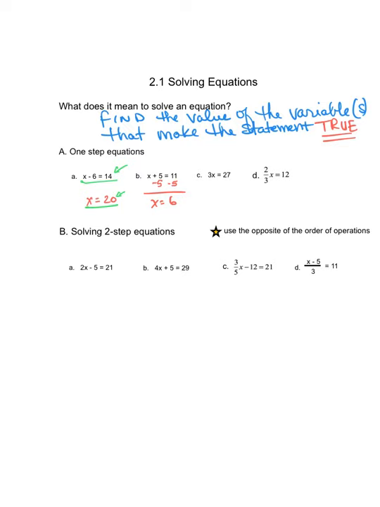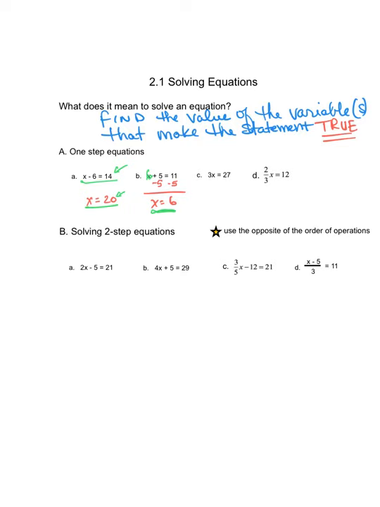And once again, ladies and gentlemen, 6 makes this equation true. And if you put 6 back in here for x, it makes that equation true. So we have found the value of the variable such that it makes it a true statement. Ta-da!